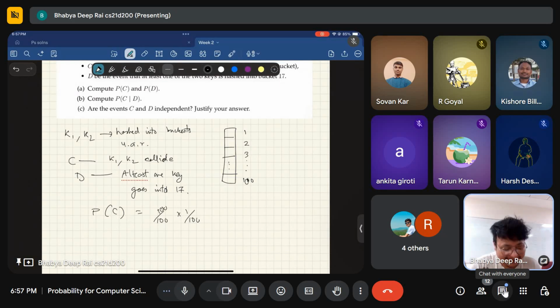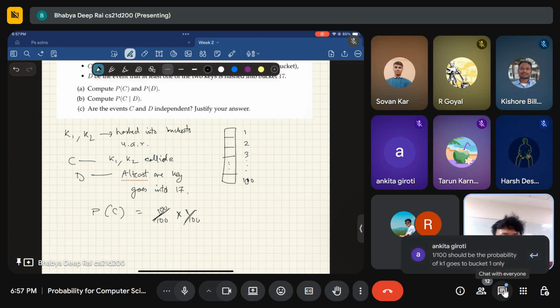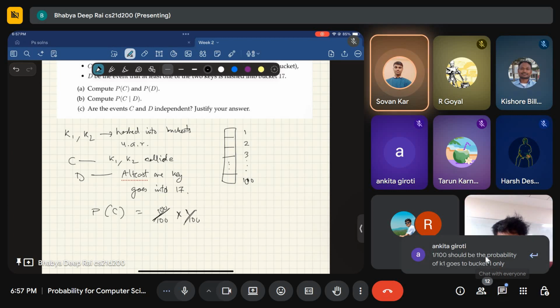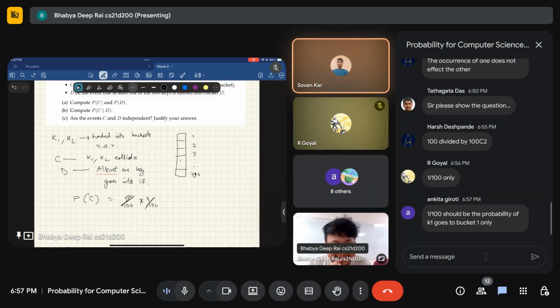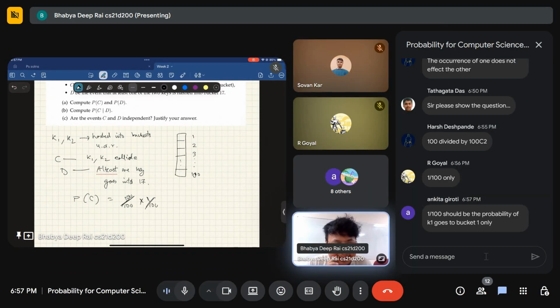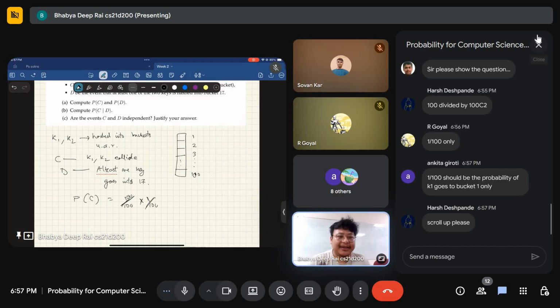You can justify saying that it lands into some bucket, and K2 definitely lands into that bucket out of 100 where K1 had landed. Ankita says 1 by 100 should be the probability of K1 going to bucket 1 only. Yeah, exactly.